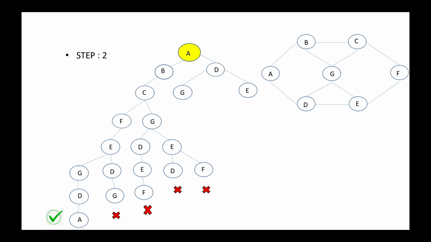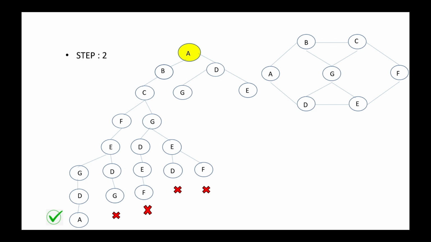We write G. For G, there are four adjacent vertices B, C, D, and E. These four are visited, so we didn't write any of them. So it is not a Hamiltonian cycle because it does not form a closed loop.